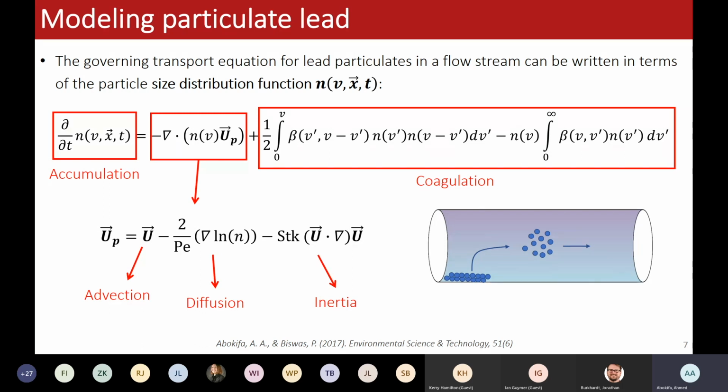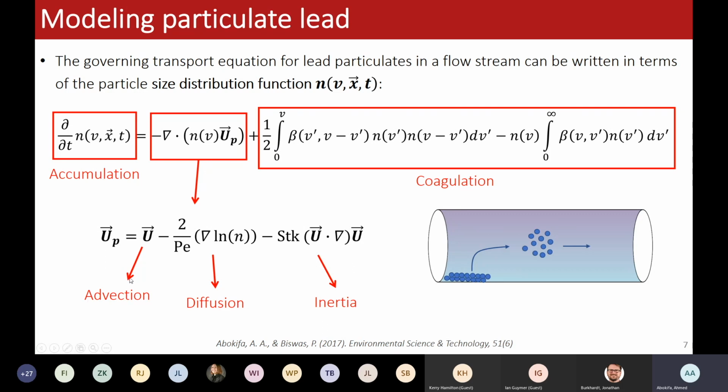And all these processes are dependent on the particle size. So the most appropriate way to model the transport of lead particles, or any particulate species for that matter, is by using a particle size distribution function, which tracks the change in the fraction of the different particle sizes as the water flows through the service line.